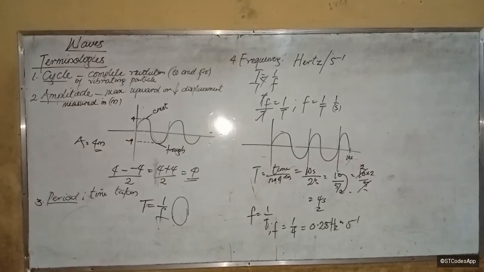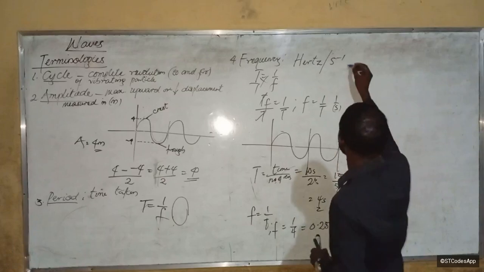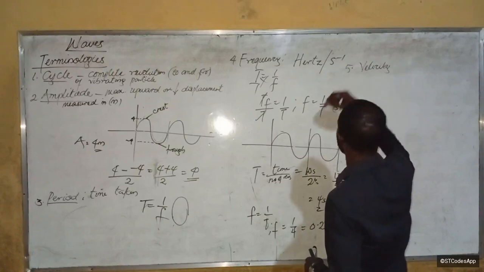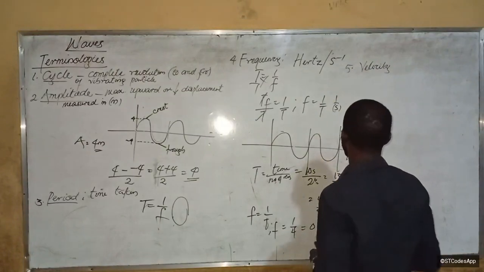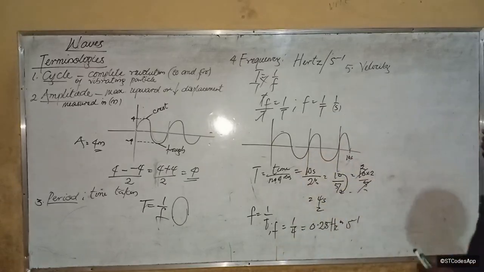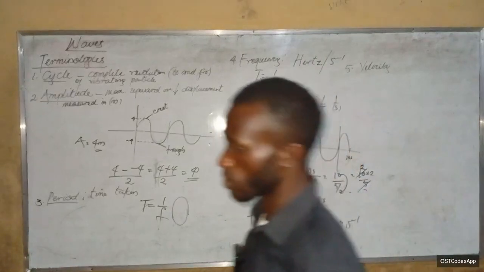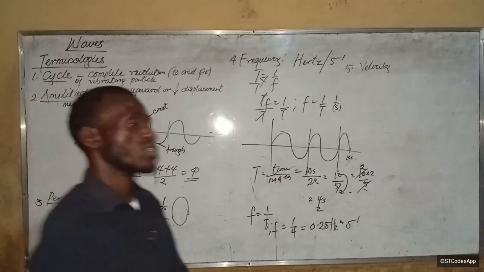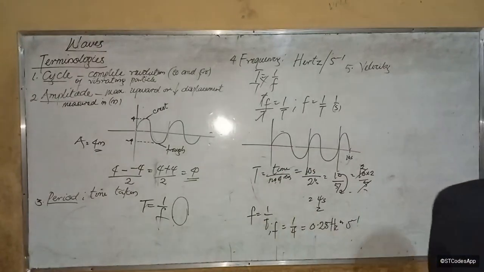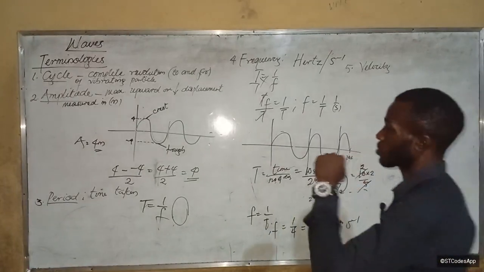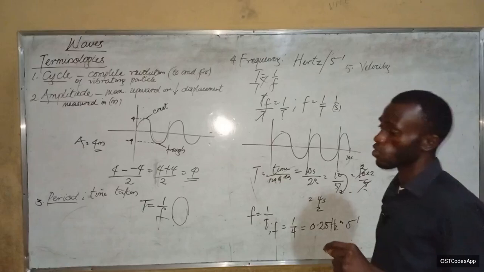Alright, let's go. Number 5. Give me velocity. Velocity is the time rate of displacement of the particle.